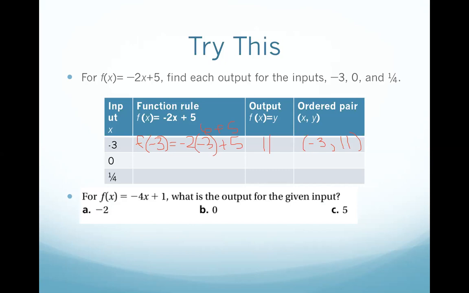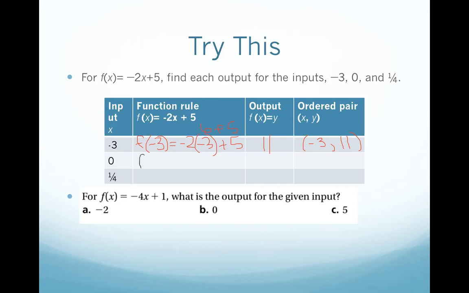Okay, let's try another one together. Let's try an input value of 0. So again, what I'm doing is I'm replacing all of my x's in my function rule with 0. I start back at my given f of x. I'm not going to use any of the information that I found for negative 3. I'm starting back at the beginning.